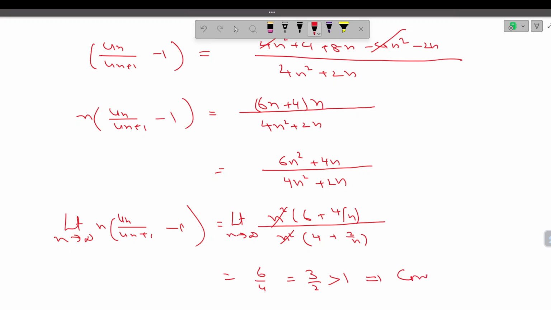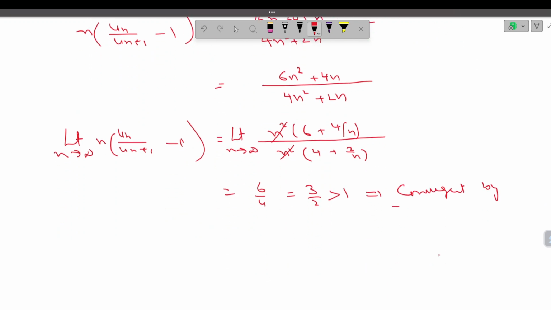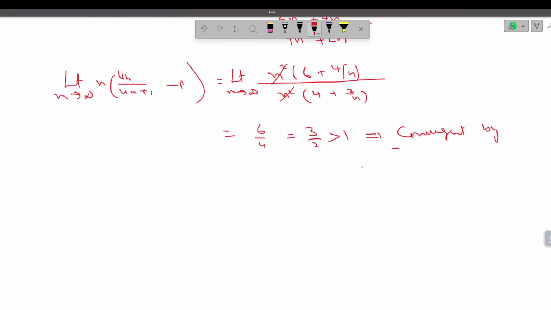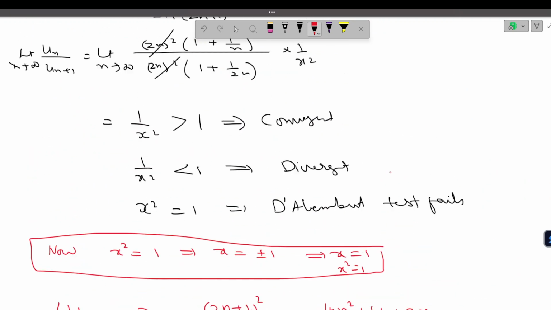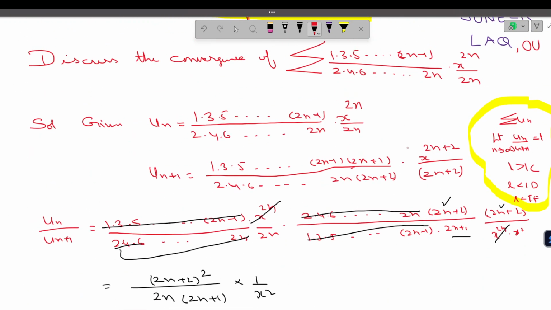Therefore, convergent by Raabe's test when x square equal to 1, or x equal to 1. You see what we have done? The nth term is given, so simply we have taken un.